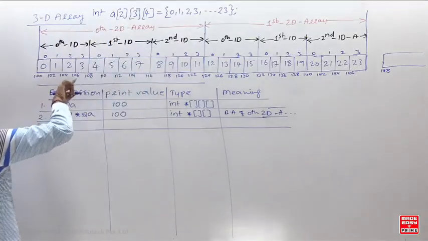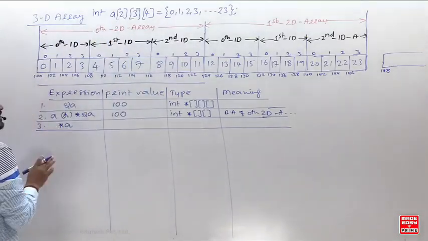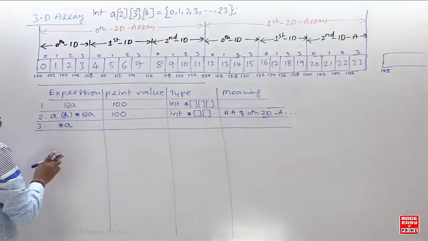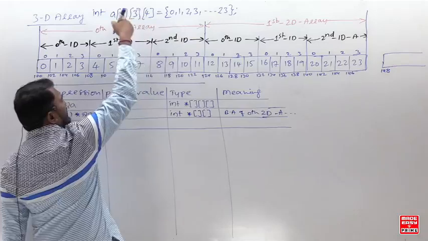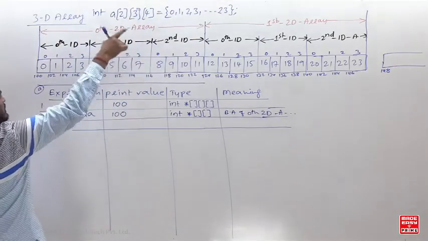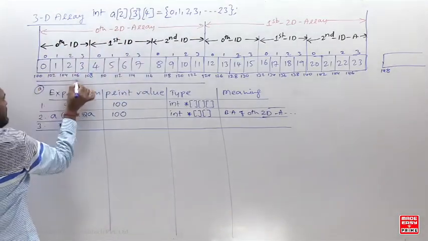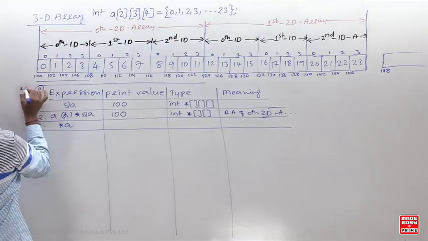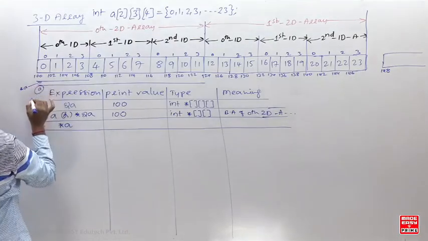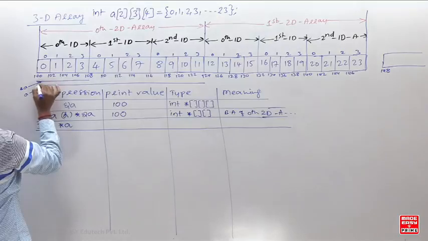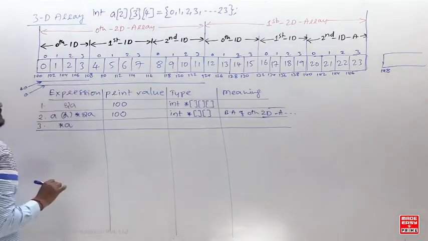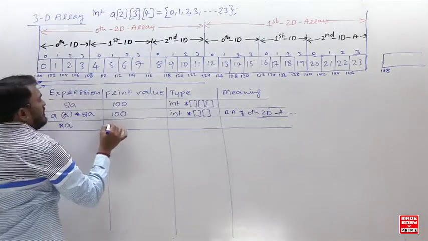If I apply star, you go inside. Some students may be having difficulty, so listen carefully. A was pointing to the 0th 2D array. If I apply star, it will go inside the 0th 1D array. So star a means it is now pointing to this one.